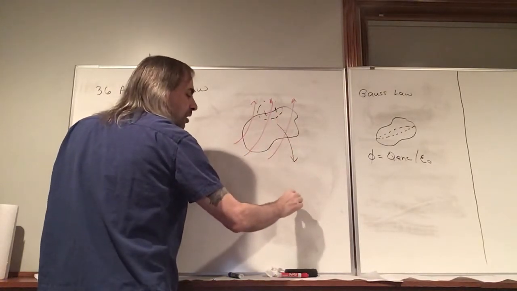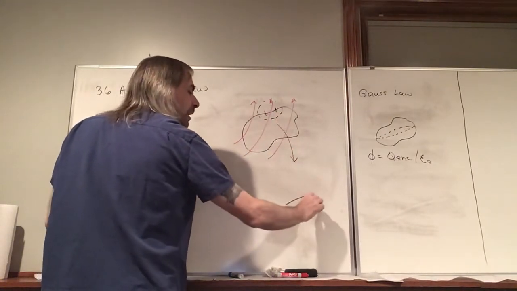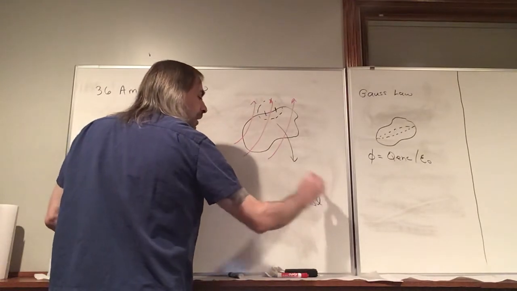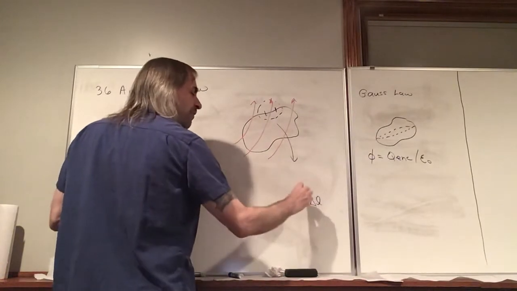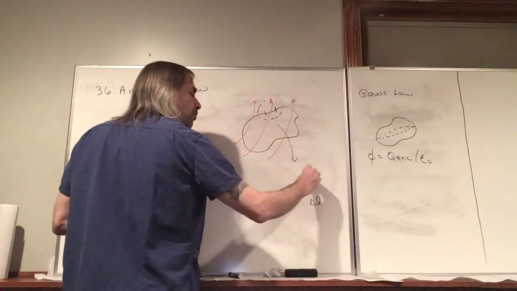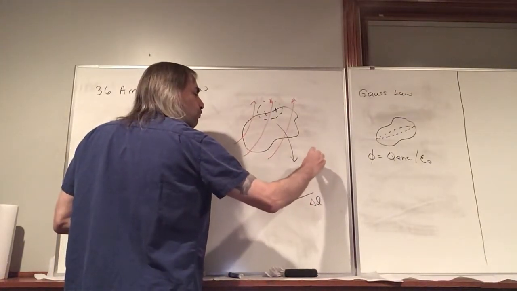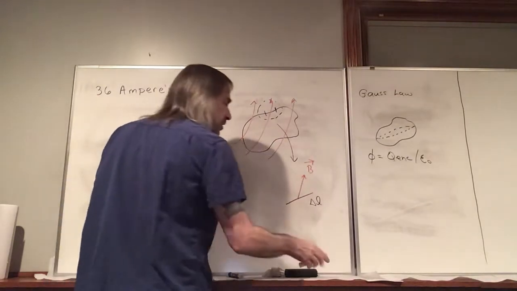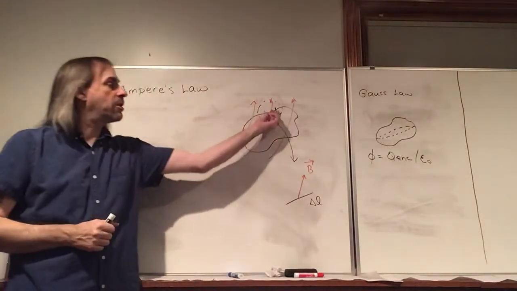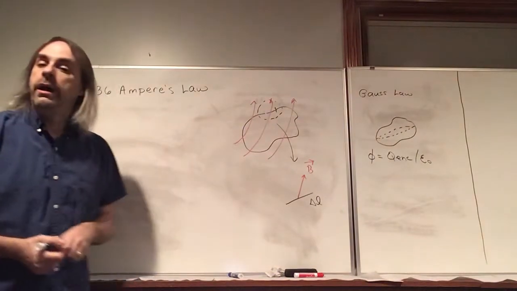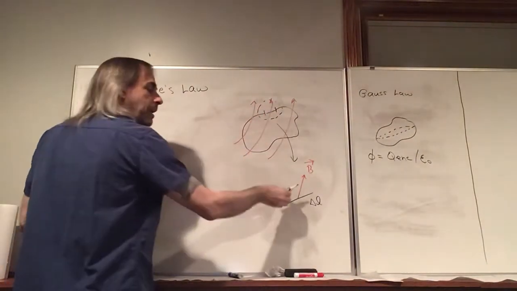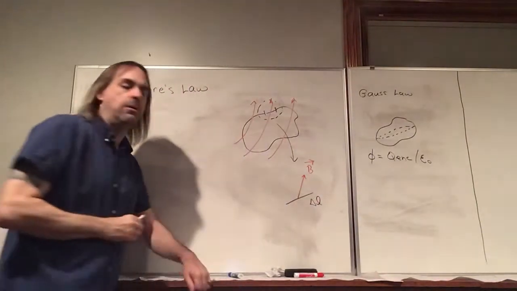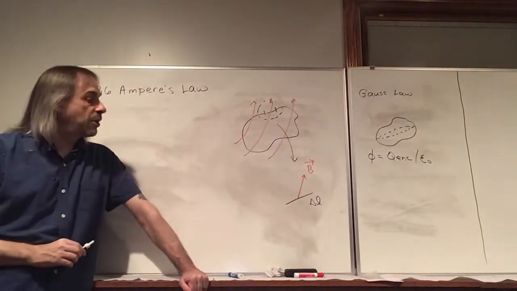So if it's small, it's basically flat. It has a length we'll call delta L. And the magnetic field in this location is pointing in this direction. So again, that's just zooming in on this little portion of the surface right here. And what we want to calculate is the component of the magnetic field that's running along the surface.